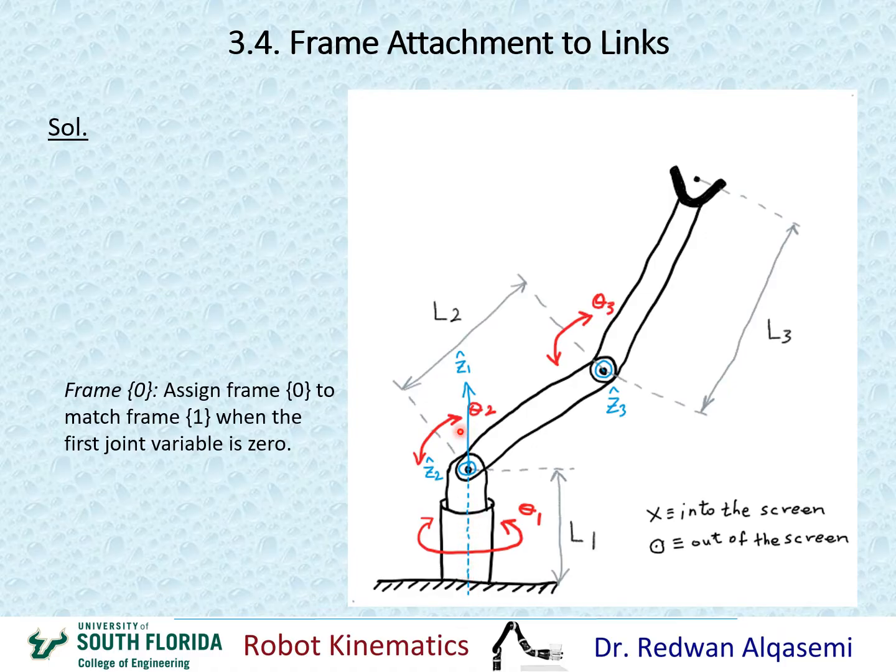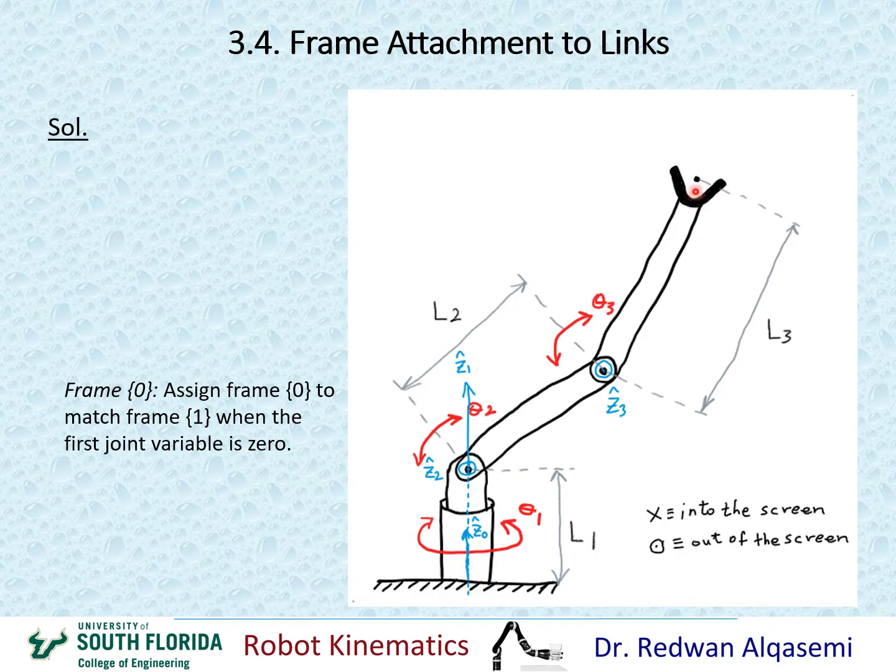So that means my Z1 will be identical to Z0. So I'm going to assign Z0 to be going upwards like this. Again, this can be arbitrary, but it's always a good idea to have it such that we can cause as many DH parameters as possible to go down to 0 for this particular frame.